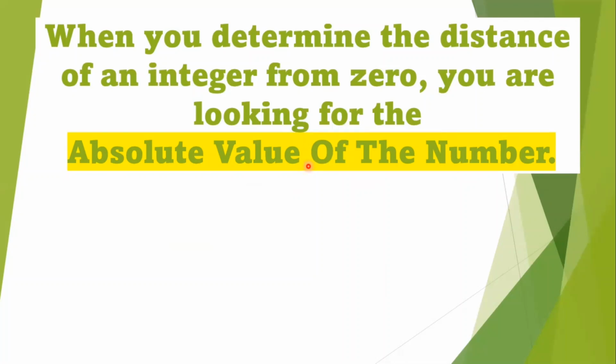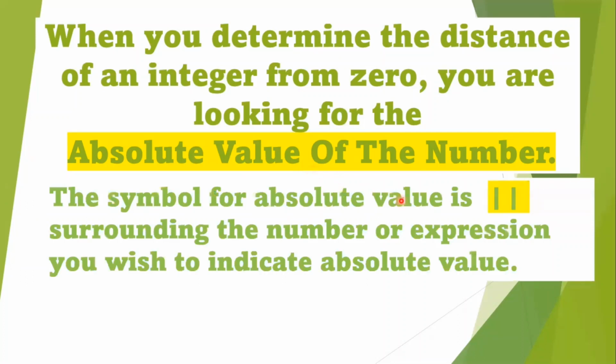And also, the symbol for absolute value is parallel lines. Ibig sabihin ng parallel lines, sila ay lines na magkaharap, surrounding the number or expression you wish to indicate absolute value.